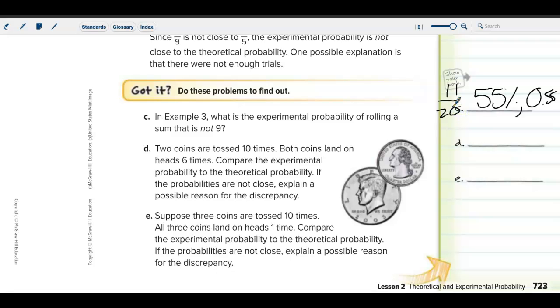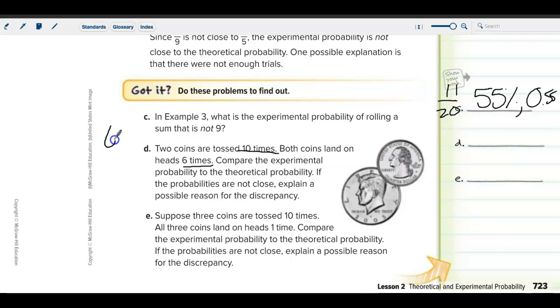Got It D says 2 coins are tossed 10 times. Both coins land on heads 6 times. Compare the experimental probability to the theoretical probability. If the pair of probabilities are not close, explain a possible reason for discrepancy. Okay, so we have 2 coins and they land on heads 6 out of 10 times. It doesn't really matter that there's 2 coins because you still only have the same option.